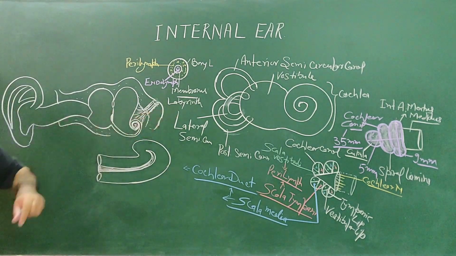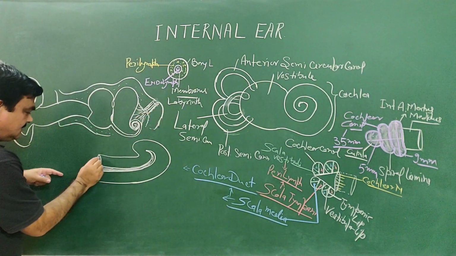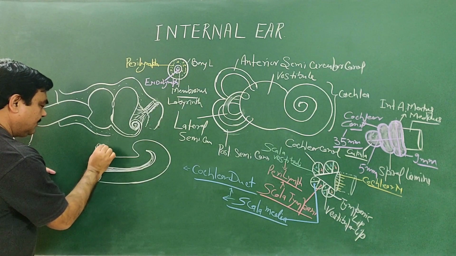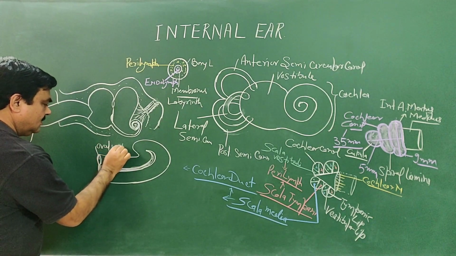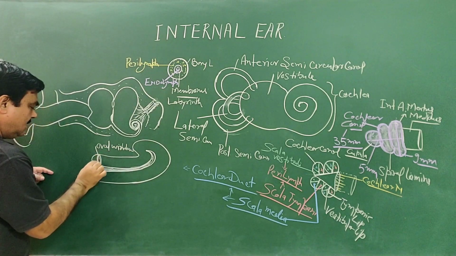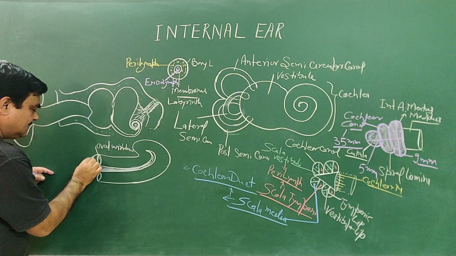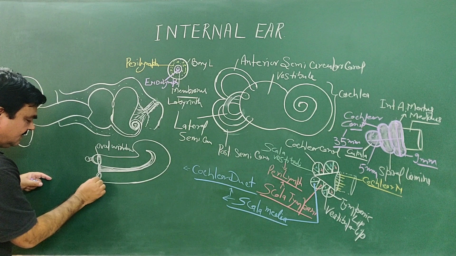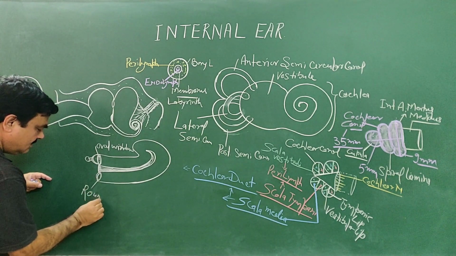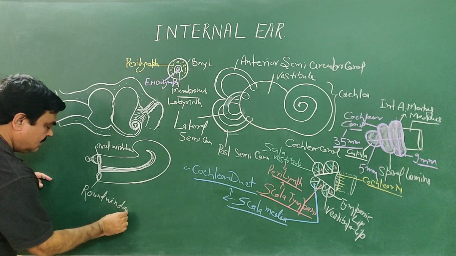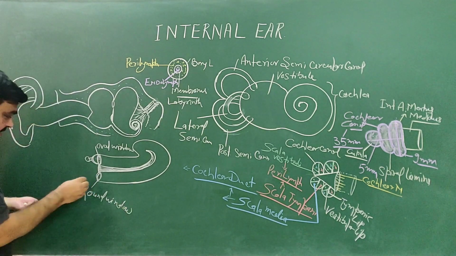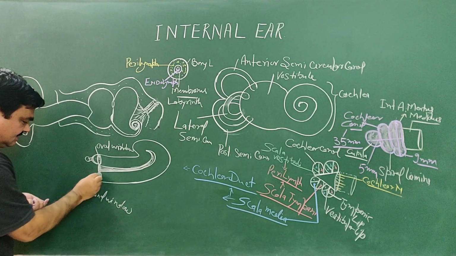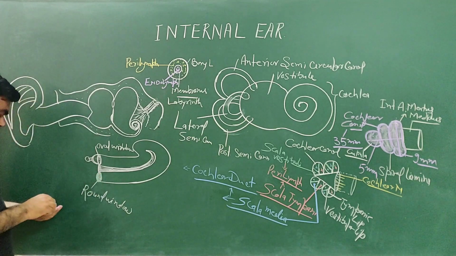If you simplify that diagram, this is the oval window, where the foot plate of the stapes lies. And this is the round window, where the secondary tympanic membrane is attached.